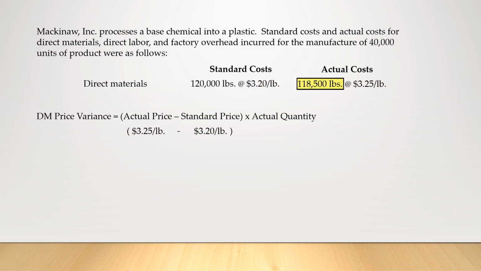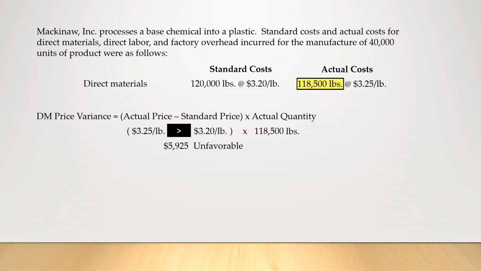The actual quantity is 118,500 pounds. Multiply that difference to get $5,925, the very amount we calculated using the workbook template. Again, this variance is unfavorable because the actual price is greater than the standard price.